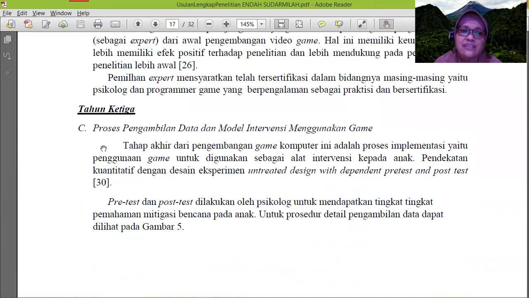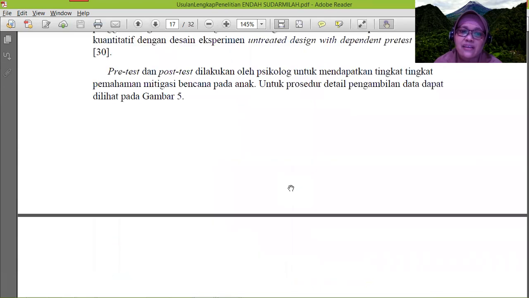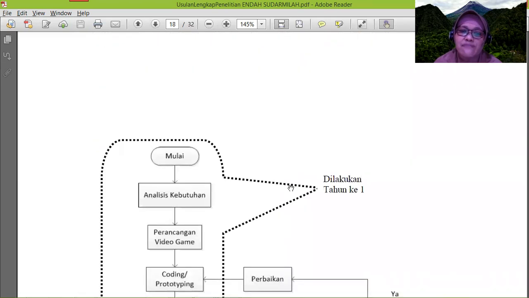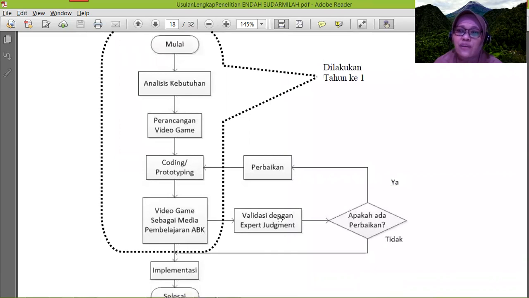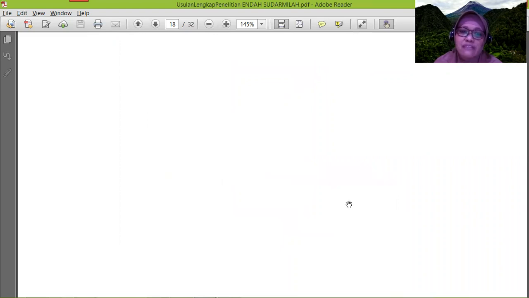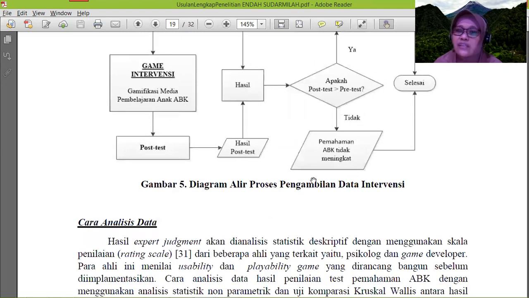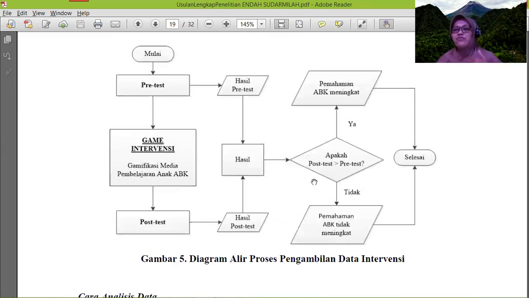This is the detailed flowchart of what I will conduct in the first year. After that, I will detail with another if we need to tell step by step what we must do in our research.